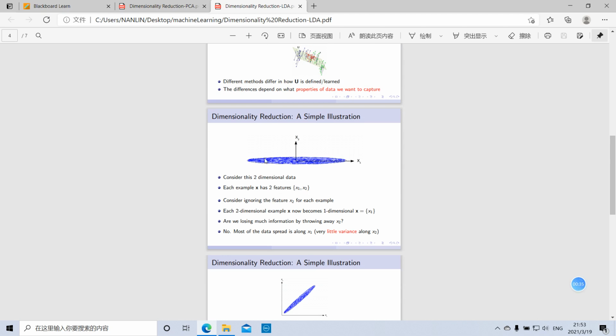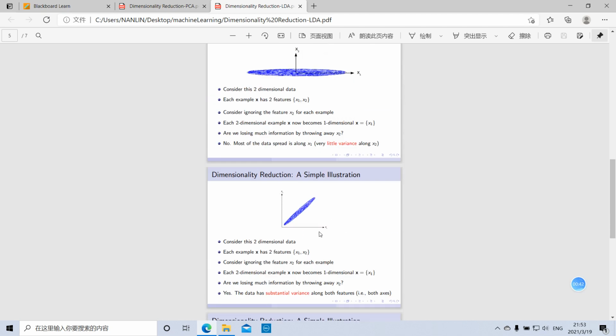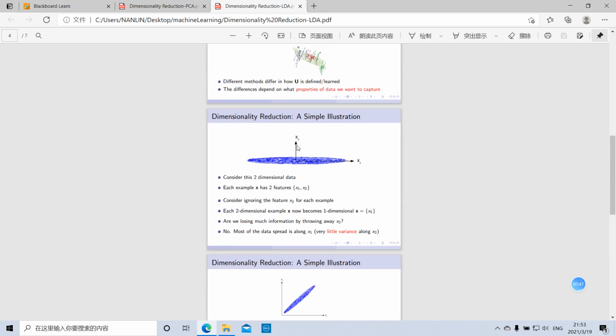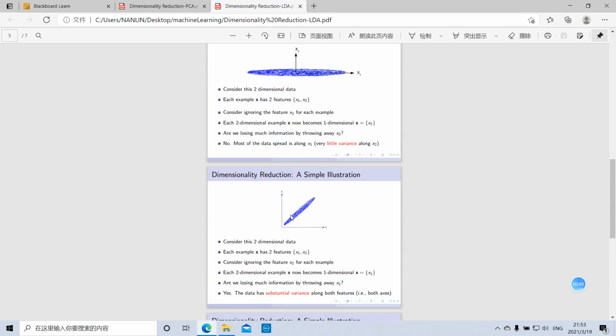So this is two-dimensional data. We put the x-axis and the y-axis in different locations relative to the dataset, and we generate different results. One way is doing that, another way is doing that.